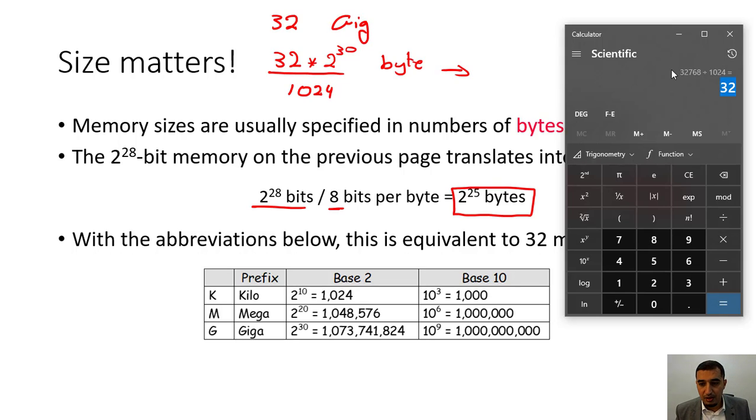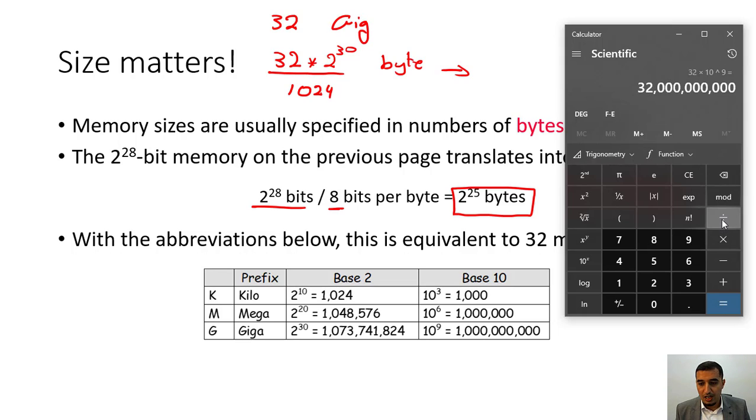But what they actually sell you is the following. What they sell you is 32 gigabytes, which is 32 multiplied by 10 to the power 9. Again, they sell you 32 gigabytes, and this is 32 with 9 zeros beside it.